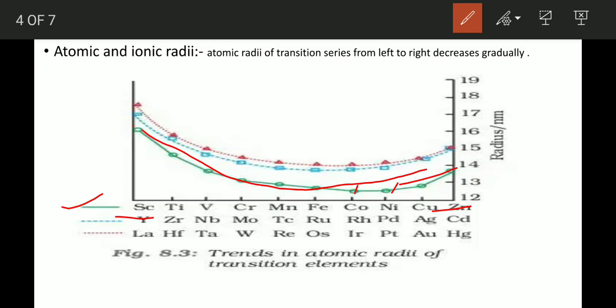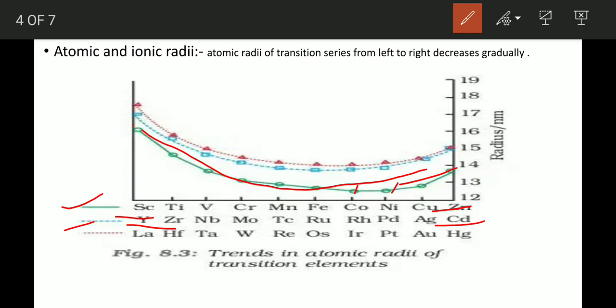Reason behind that: electrons enter the penultimate shell, and because of that they create the shielding effect, and the outermost electron is loosely bound, that's why atomic size slowly increases. Similarly, this dotted blue line indicates the second transition series, yttrium to cadmium.